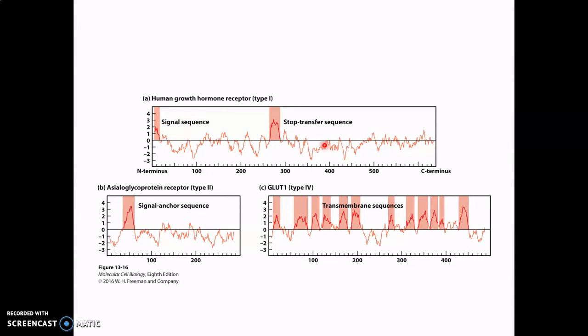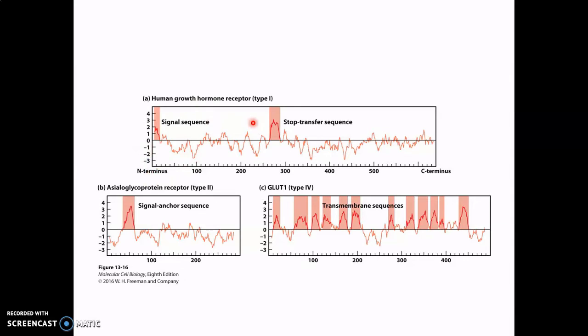And then later on down the sequence, we have another region which is hydrophobic. So what this scale is showing is the higher the number is, the more hydrophobic that region is. The lower the number, or the more negative the number, the more charged or hydrophilic that region is.